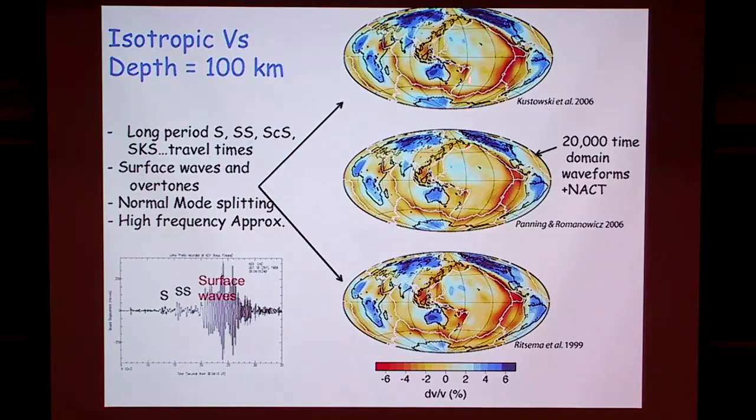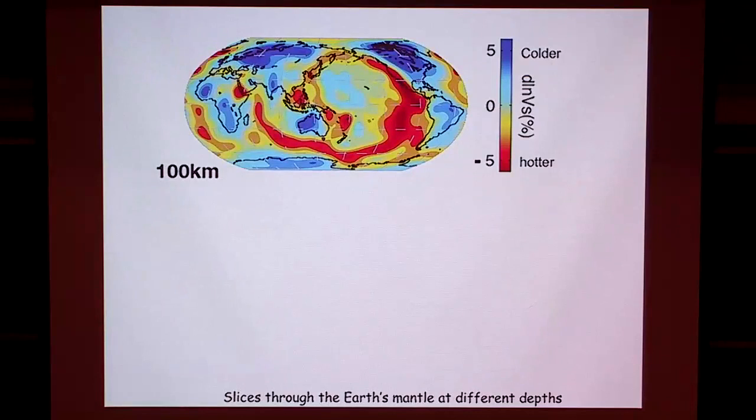But you can see that to a large extent these models are in quite good agreement up to some level of detail. And I won't show you this because you've seen it. Adam showed this last week.